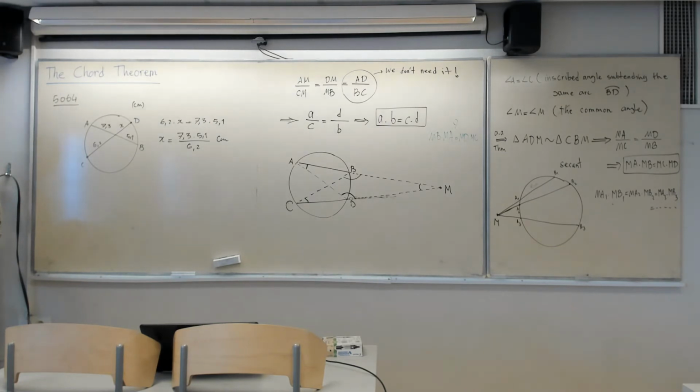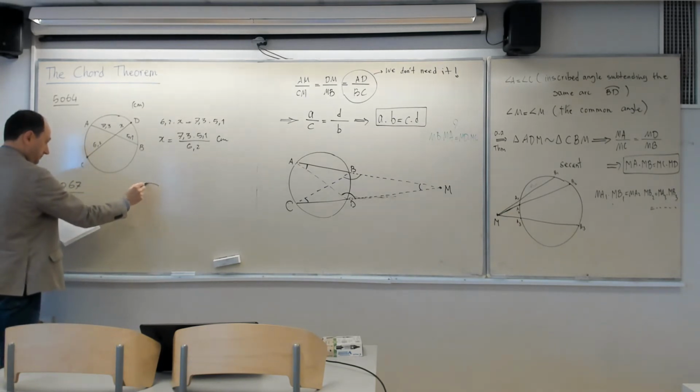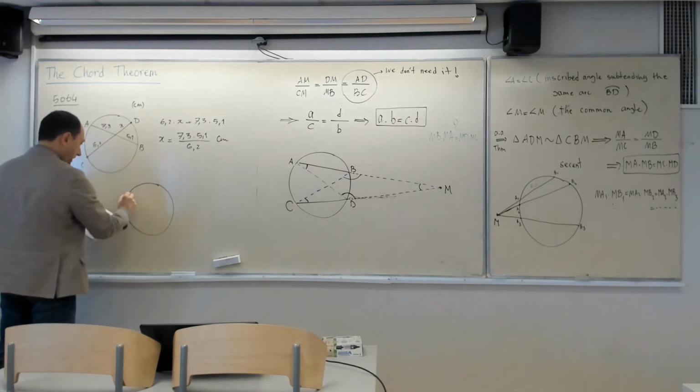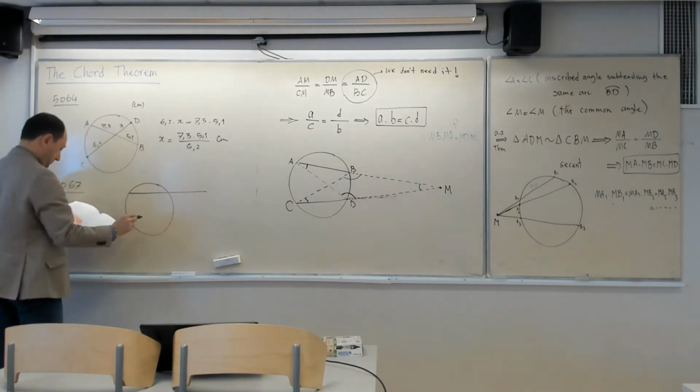Okay, let us solve more interesting ones if I can see. For example, problem 5067. This picture is given. You have a right angle triangle in this form.